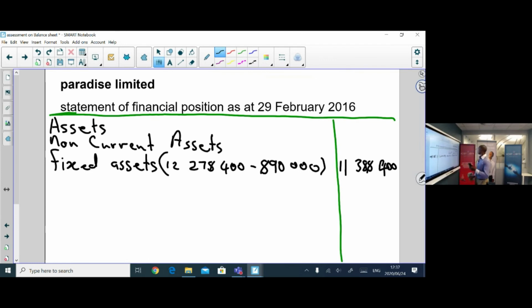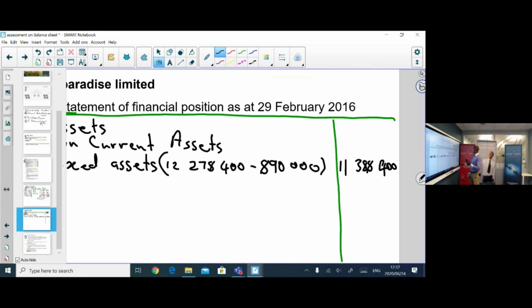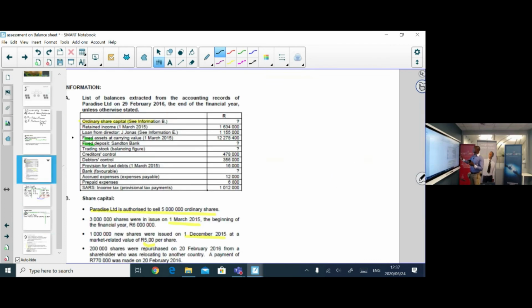Okay, by the way, we said we've got two. We've also got a fixed deposit.